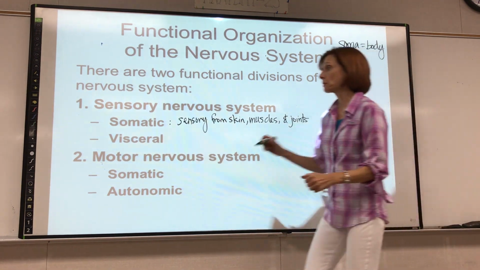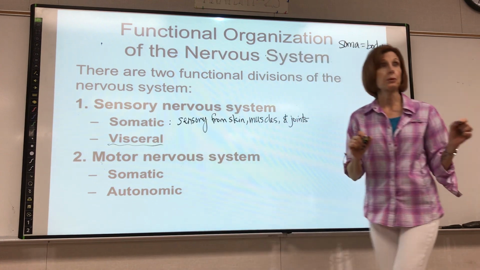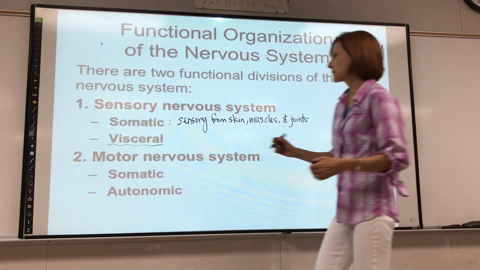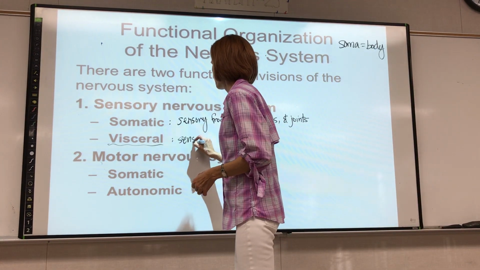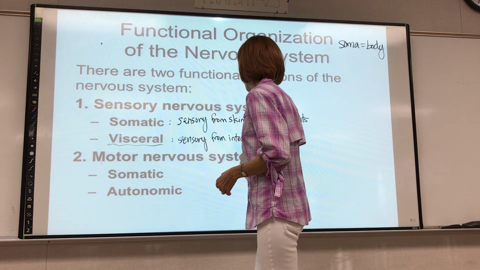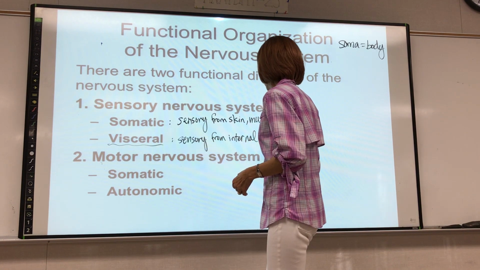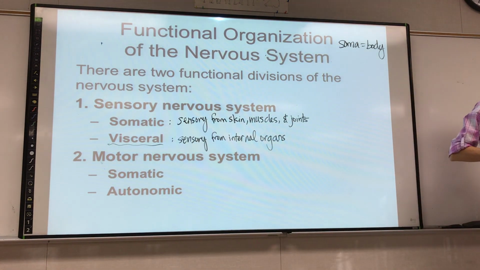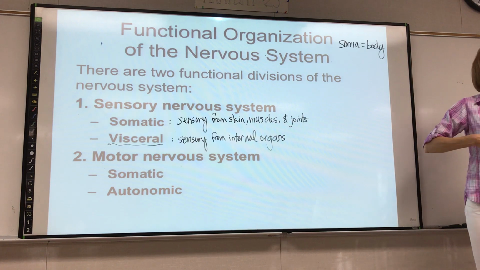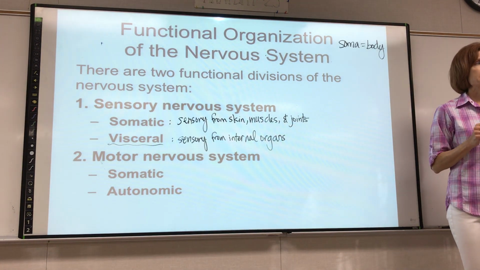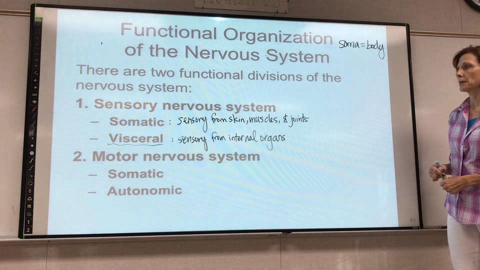Now when you hear the term viscera, if you guys are familiar with that term, or visceral, this refers to our internal organs. Okay, so this is sensory information from the internal organs. So sensations like cramping, or nausea, or fullness, hunger, those are the types of sensations that these nerves would be carrying.